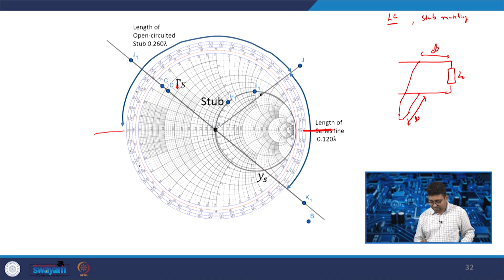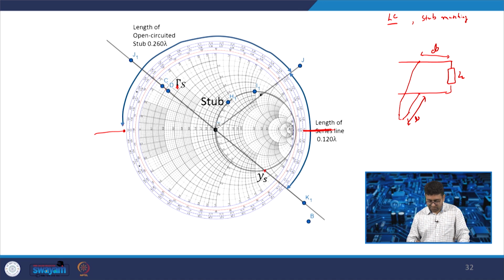Now, from this point what you want is the length of the open circuit stub. Because you have converted to Y, if you consider the Y Smith chart, on this side the short will be open, then from this to this will provide you the length of the open circuit stub. What you want is for Ys to match.